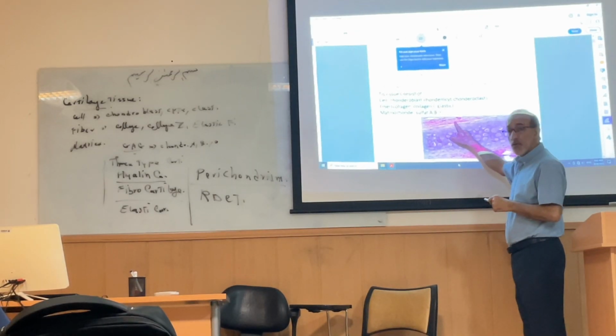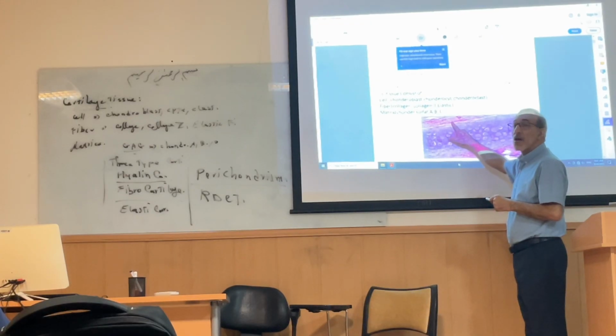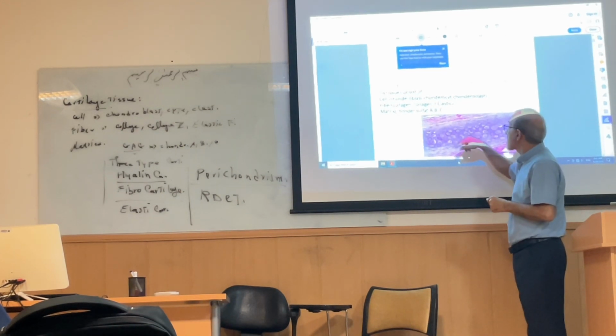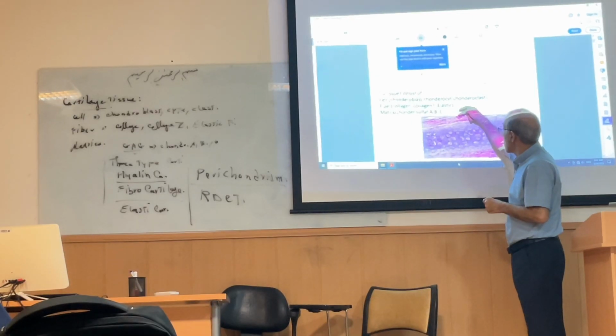This tissue consists of fibers, cells and matrix. What are the cells? The cells consist of surface cells, intermediate cells and deep cells.